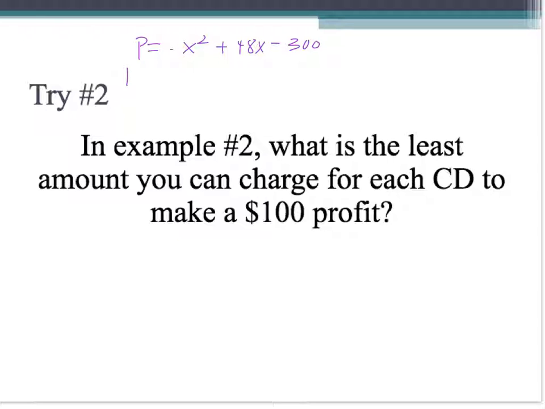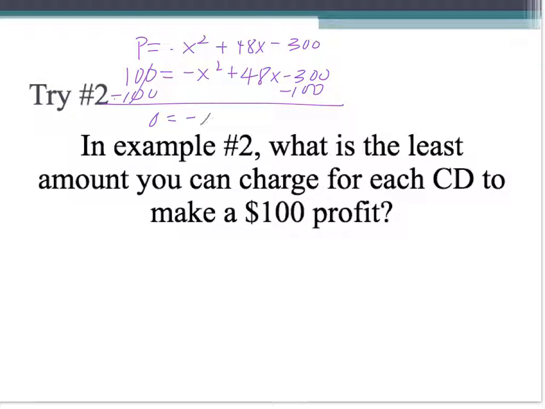Okay, P is 100. And now we need to subtract 100 on both sides. So 0 will equal negative x squared plus 48x minus 400. Okay, we go through that same process.